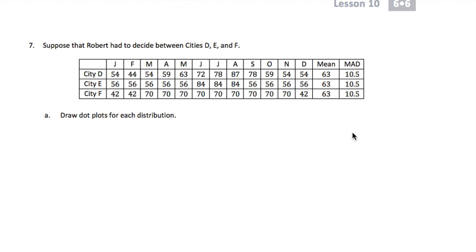Suppose that Robert had to decide between cities D, E, and F. We'll draw dot plots for the distribution.